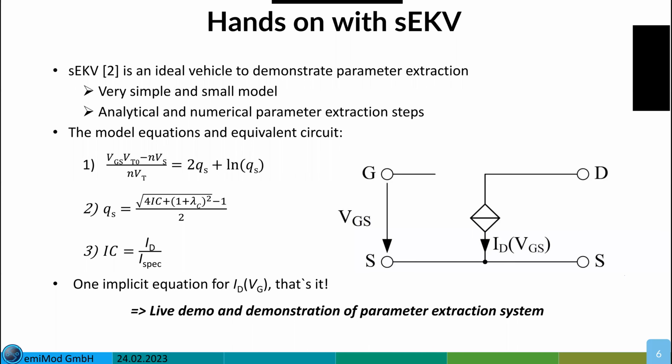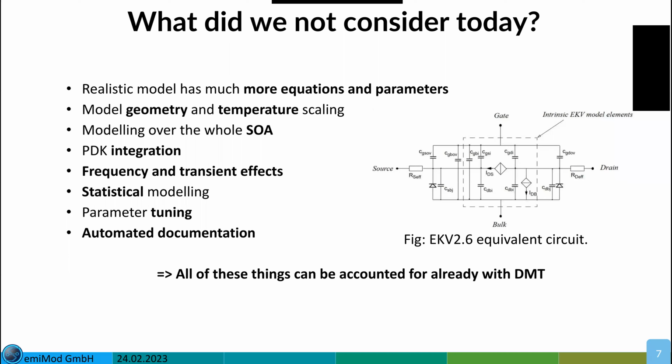Back. So, sorry, before we continue the discussion, what did we not consider? As I said, and showing with the EKV model, a realistic model has many more equations and parameters and many more parameter extraction steps. For example, for the HiCUM extraction we do for our customers, it's at least 30 extraction steps.